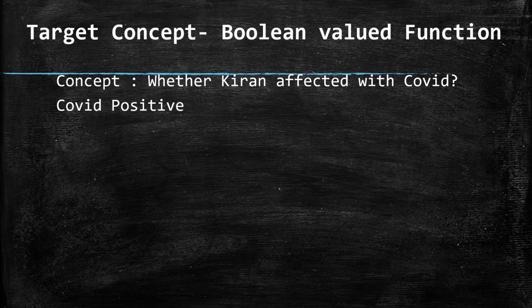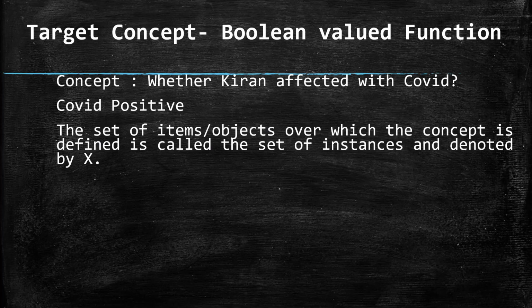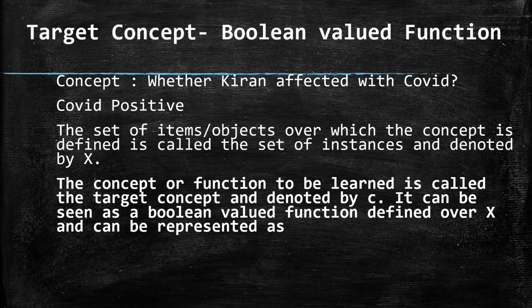So this is called a target concept, a target concept in which we are interested. The concept or function to be learned is called the target concept. It is denoted by C, and we can also define the target concept as a Boolean function.